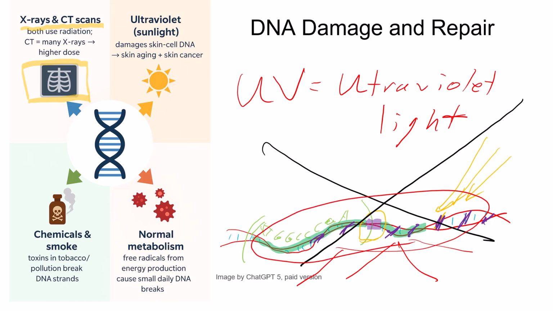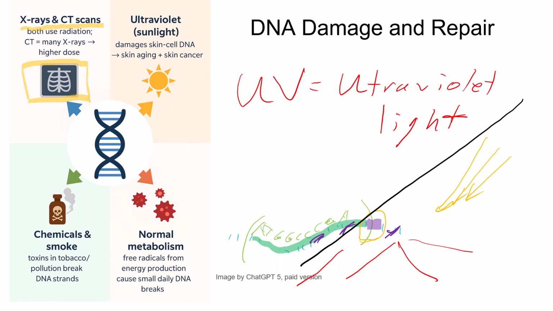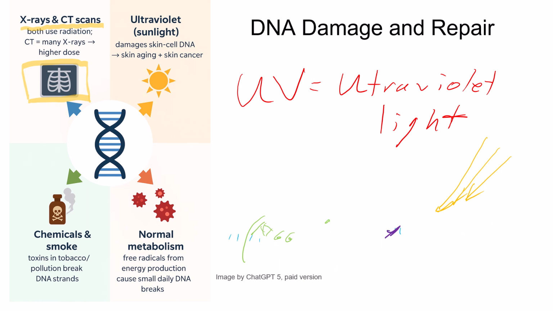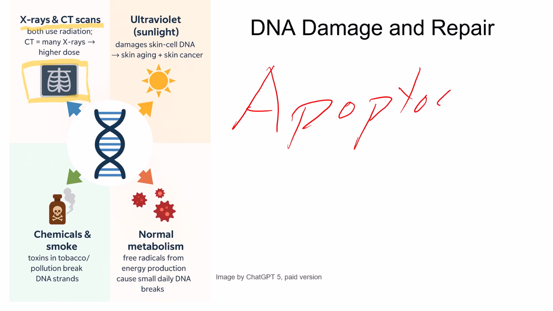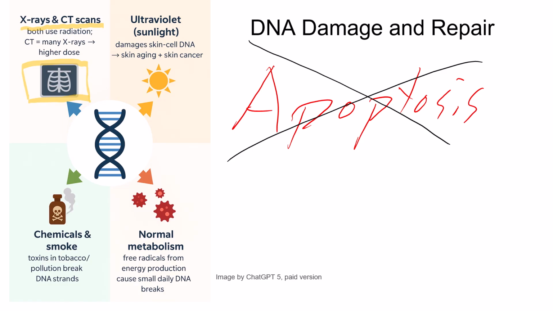So your body will first try to fix the mistakes. But if it can't fix it, then the cell might need to die. And the cell will kill itself. That is called apoptosis, where the cell will kill itself to get rid of the bad DNA from your body.